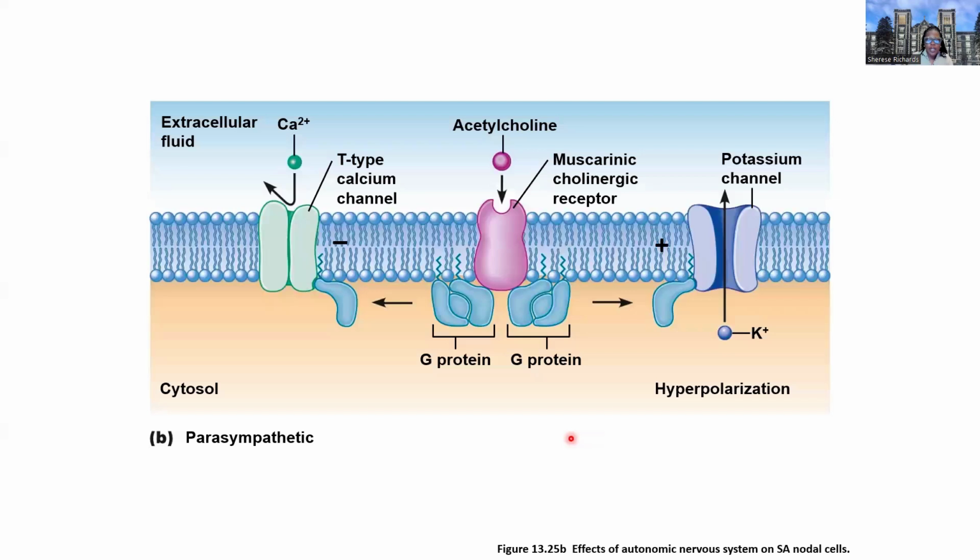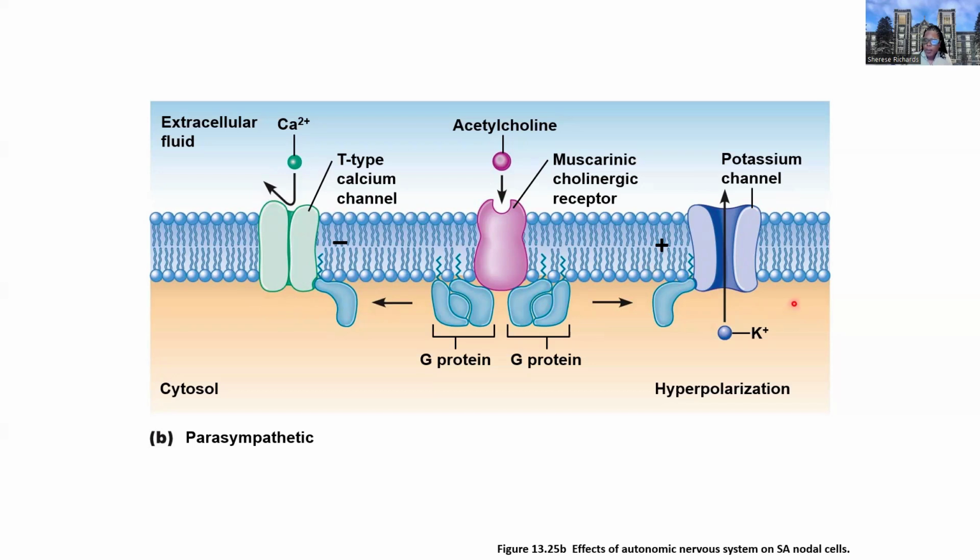Okay. And the events for decreasing the heart rate would be closing calcium channels, right? So first here's our muscarinic cholinergic receptor. Acetylcholine leaves that postganglionic neuron, binds to this receptor, and that triggers two types of events. One is closing calcium channels, again resulting in hyperpolarization because you make it harder to depolarize.